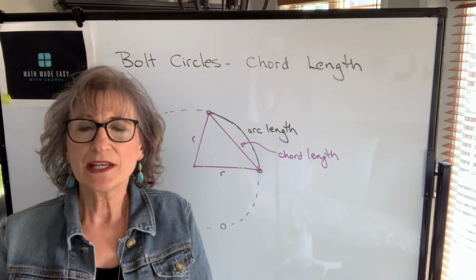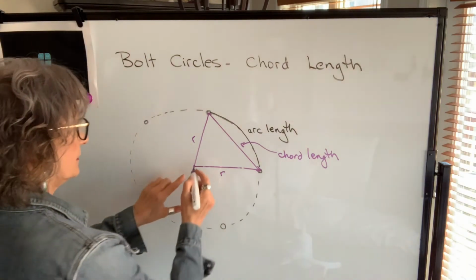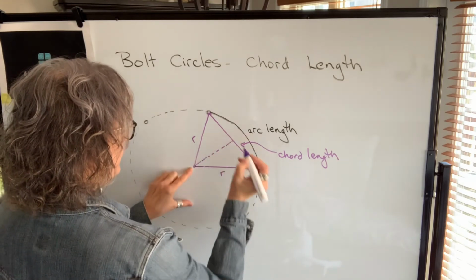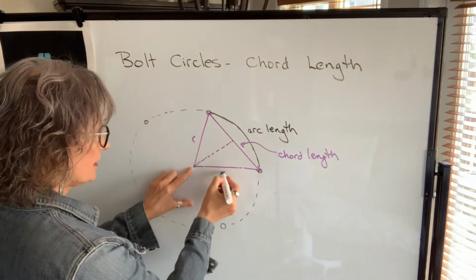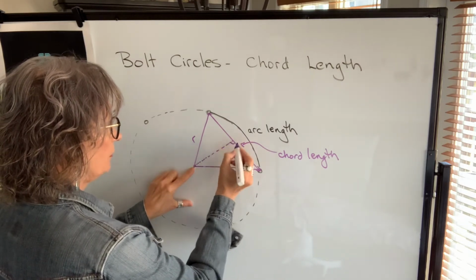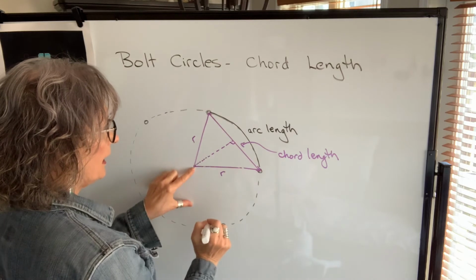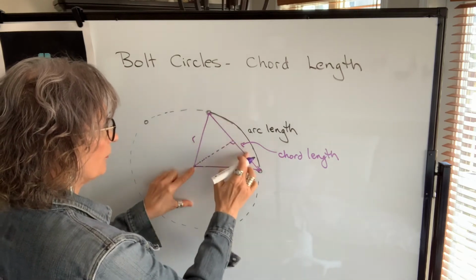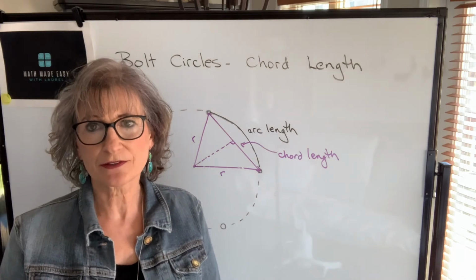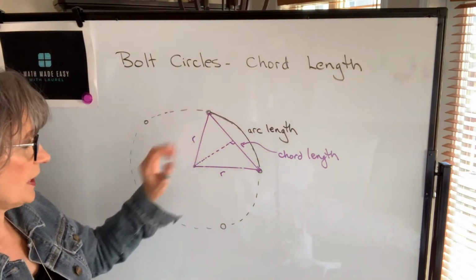But what we can do is bisect this angle here. Because it's an isosceles triangle, when I bisect that angle, it will form a right angle with the chord length, and this length will be equivalent to this length. That's only going to be true for isosceles or equilateral triangles. And this is an isosceles triangle, so that will work.